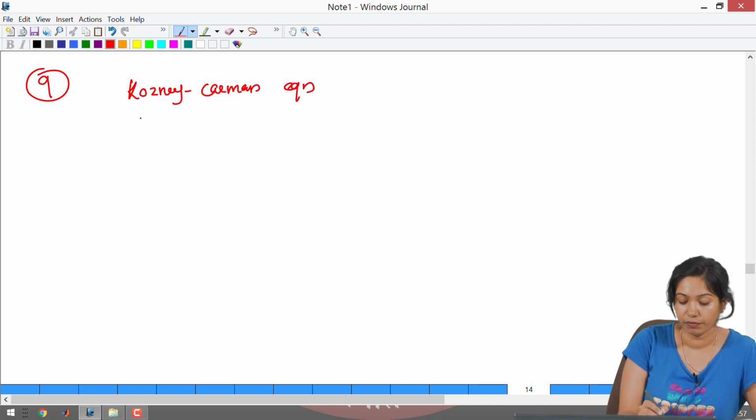Which is applicable for Reynolds number less than 1. I will write the Kozeny-Carman equation where Reynolds number is less than 1.